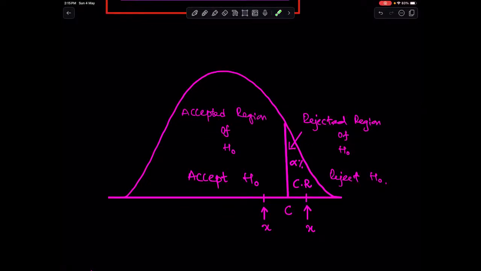If the test value lies in this region, then we reject H naught. X means test value. And if the test value lies here, then we accept H naught.